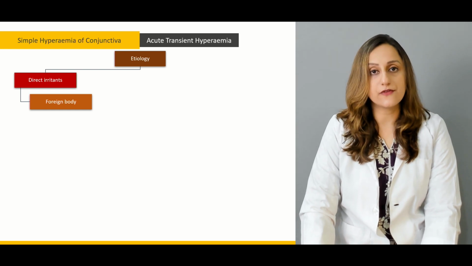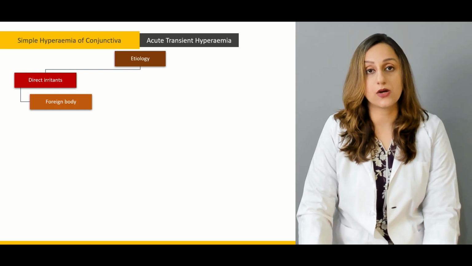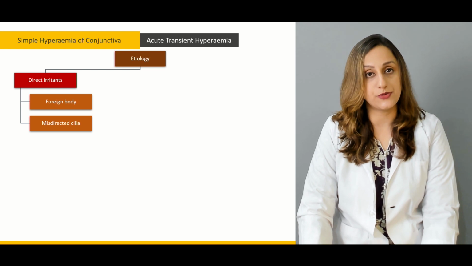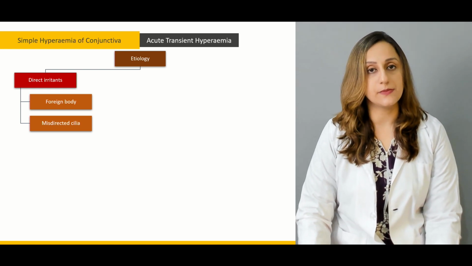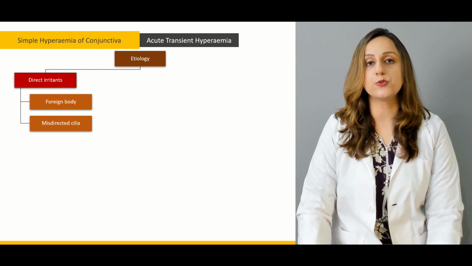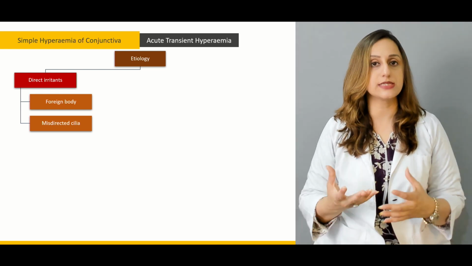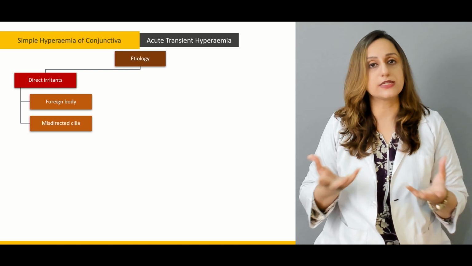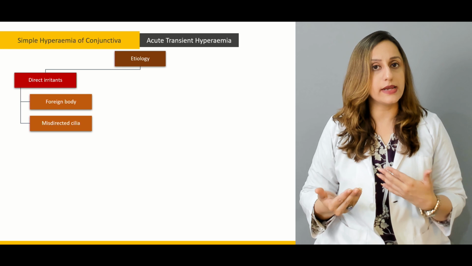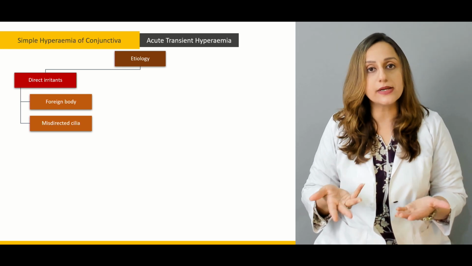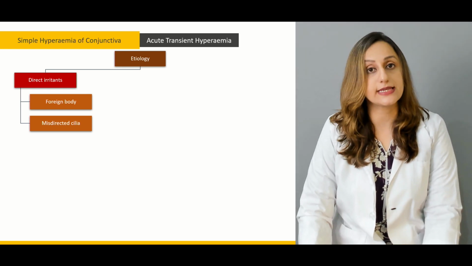First of all, a foreign body can cause acute and transient hyperemia. It can be misdirected cilia, where the lashes, due to a causative factor such as entropion of the lower lid or of the upper lid, cause a foreign body sensation.